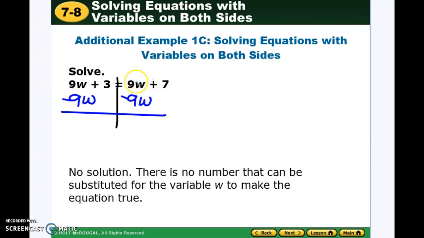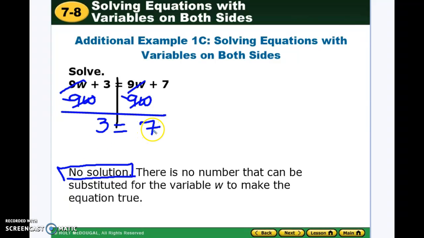Now if we look at this case, this is a special case where the variables cancel. 9w minus 9w, so all the w's are gone. And we are left with 3 equals 7. No more w. Oh my god, what happened to the w's? So they disappear. In this case, this has no solution.